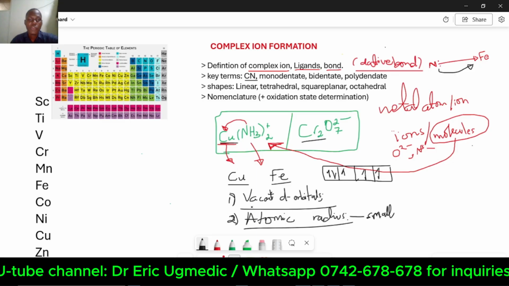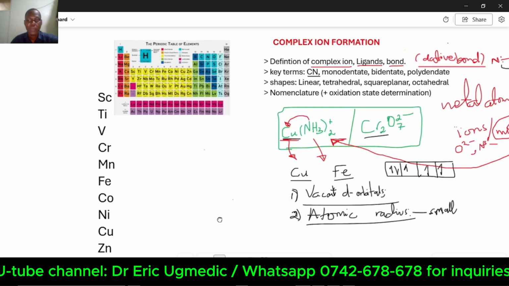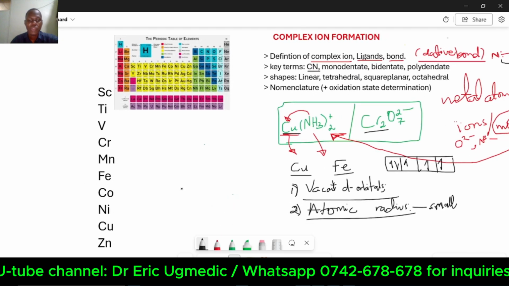So moving back to the key terms we need to define, we have here CN, which is coordination number. What will this coordination number be? Coordination number is the number of coordinate bonds that can be formed between the central atom and the ligands.